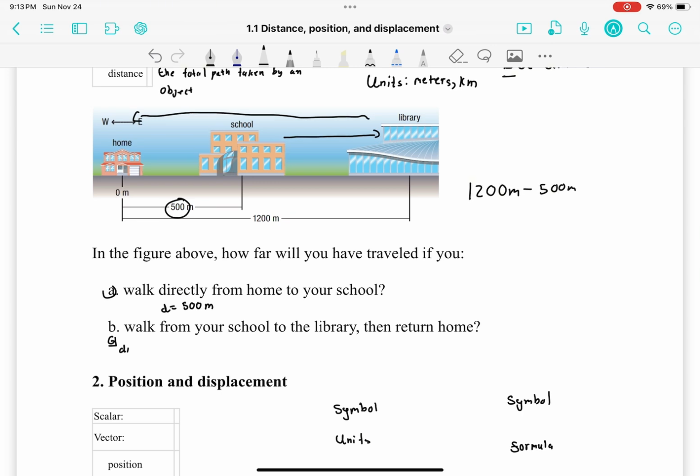The reason we know this is because from the school to the library is the distance we don't know, but we know the total path from the home to the library is 1,200, and from the home to the school is 500. So if we subtract those, we'll get this distance right here, which is equal to 700 meters.